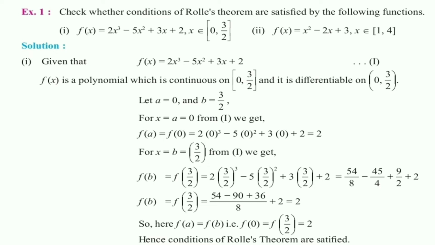After solving, we get this equals 2. So here f of a equals f of b, that is f of 0 equals f of 3/2, which is equal to 2. Hence, conditions of Rolle's theorem are satisfied.